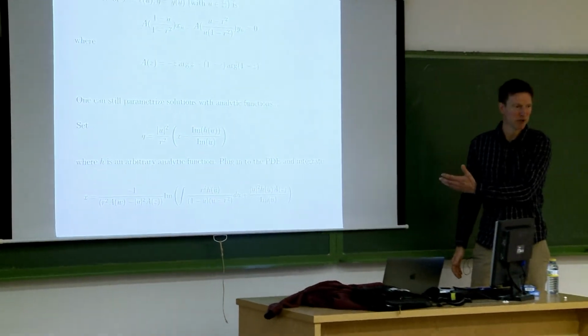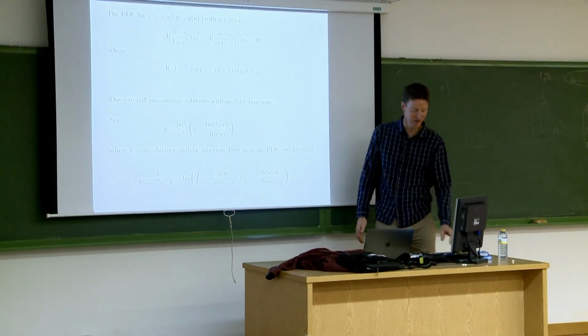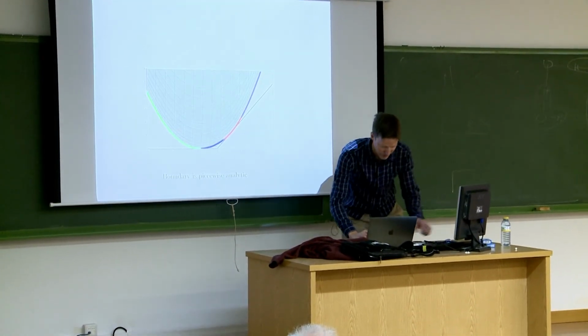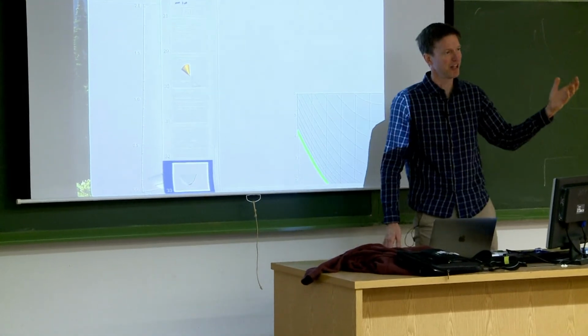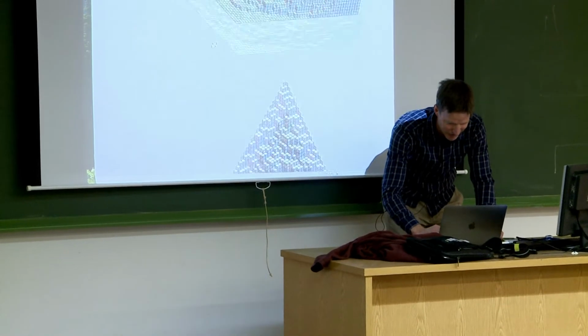Again, it's kind of a miracle. We don't really understand why we can parameterize solutions in such a nice way with analytic functions, but you can. It's reasonably easy to take your favorite analytic function, plug it in, and find a solution.